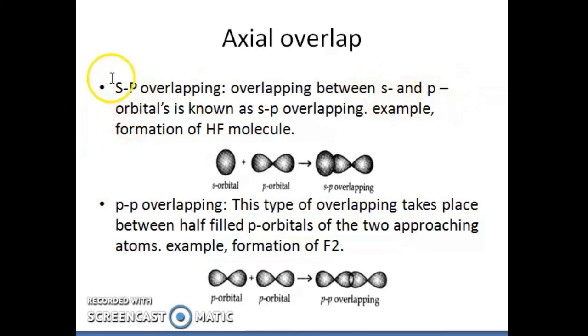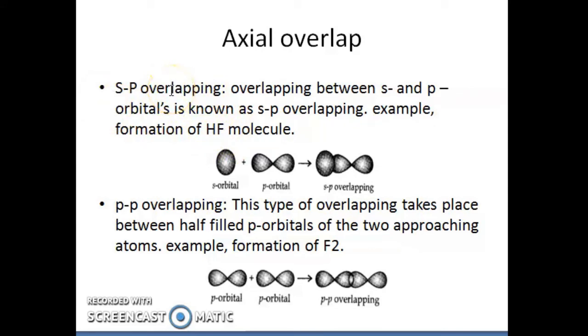For example, the formation of hydrogen fluoride is an example of SP overlapping.